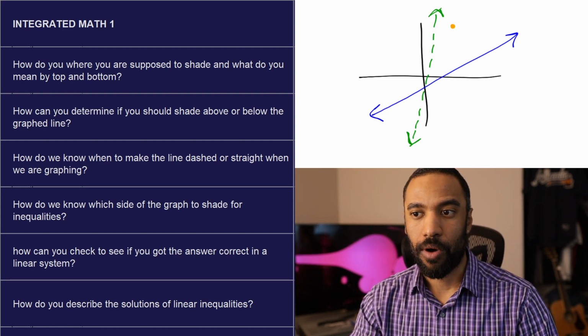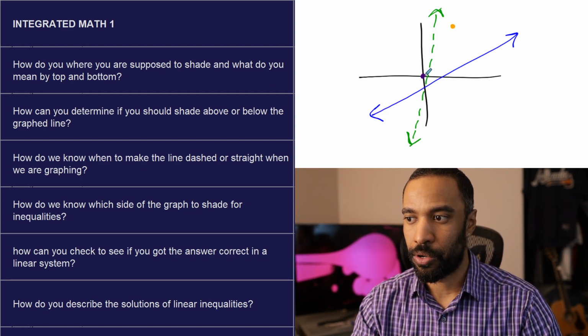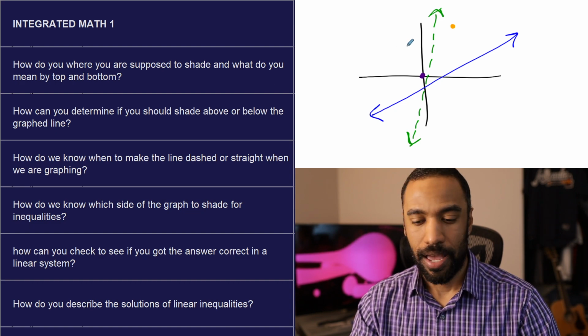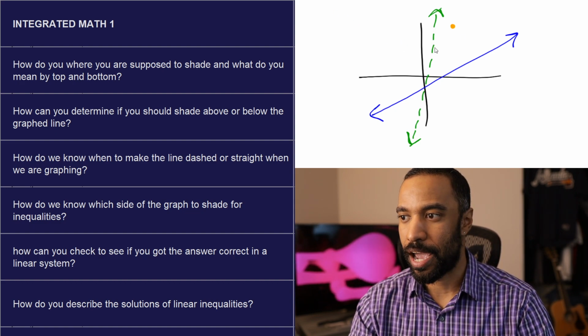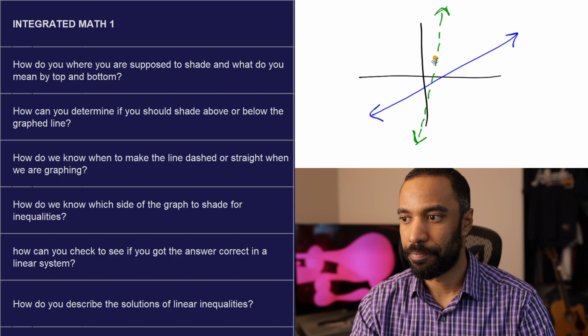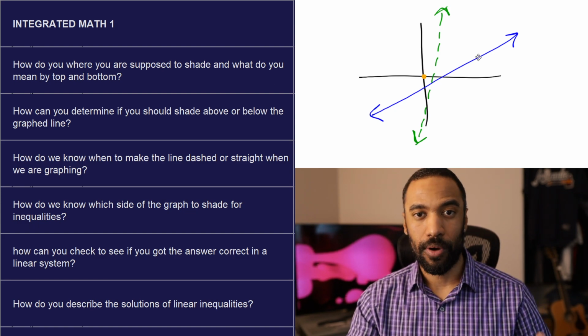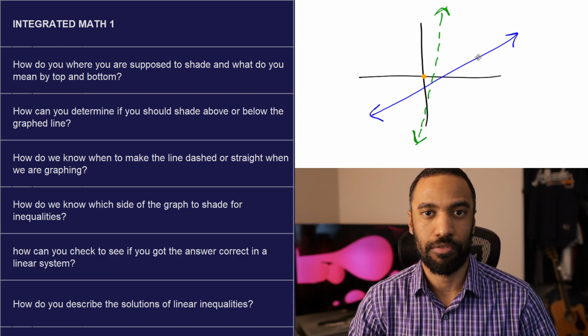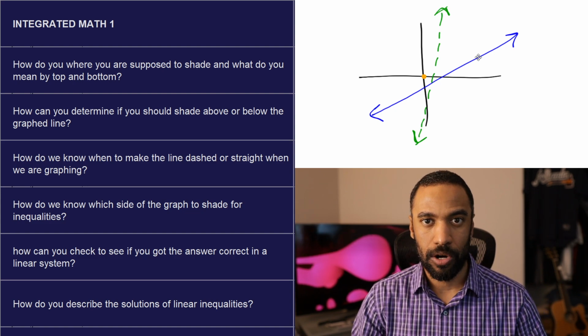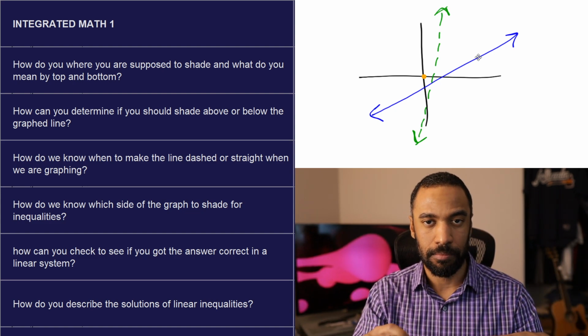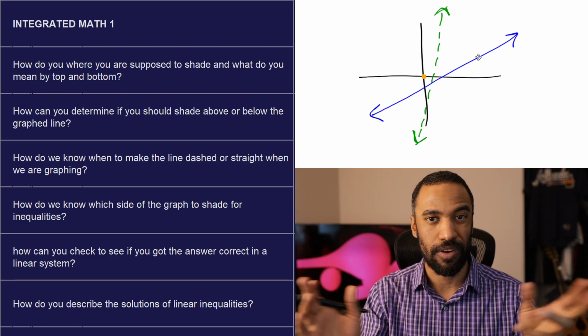What I would do is probably try and test the point 0, 0. As long as 0, 0 is not on either boundary line, it's a really quick point to test, because anytime you plug in 0 for x and 0 for y, no matter what else is with that term, it just turns into a 0. So there's very little to calculate.